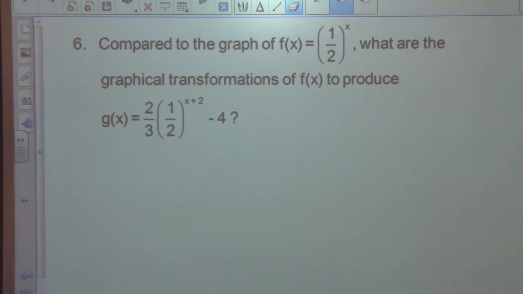Okay, here we have this one. Compare the graph of f of x equals one half to the power of x. What graphical transformations of f of x produce g of x equals two thirds times one half to the power of x plus 2, minus 4?